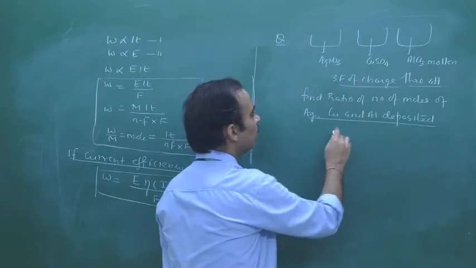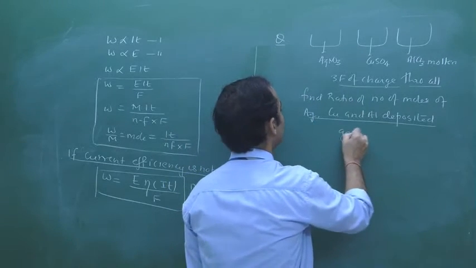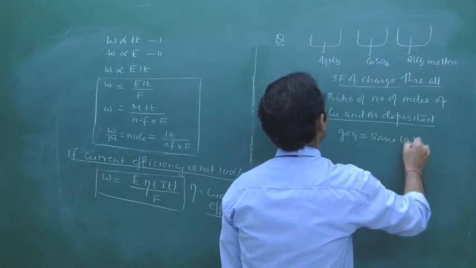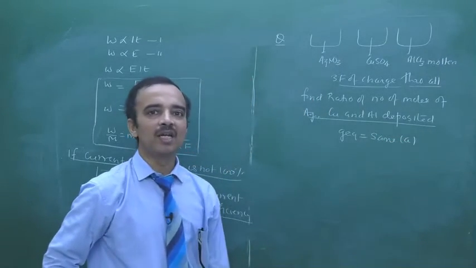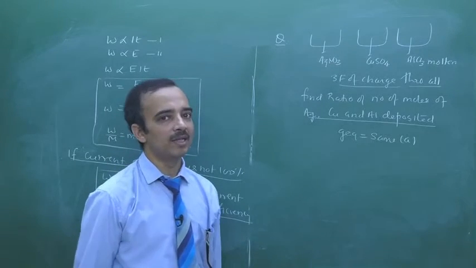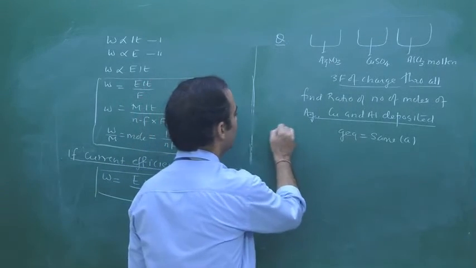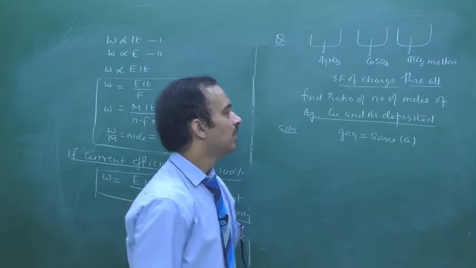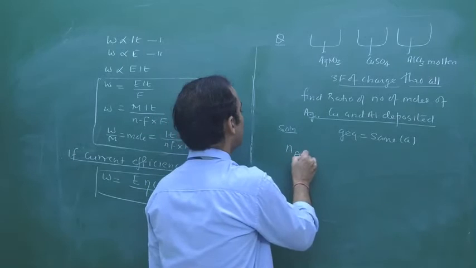Now since same quantity of electricity is passed, therefore gram equivalent of all is same. Let it be A. Gram equivalent of metals deposited is same, according to second law of electrolysis. Now we have to find out the ratio of mole.